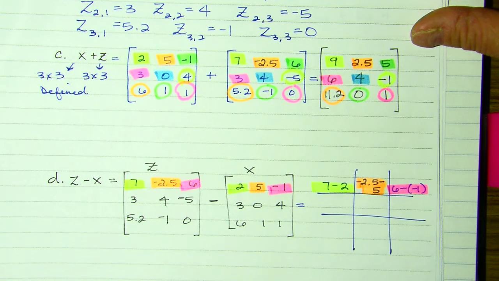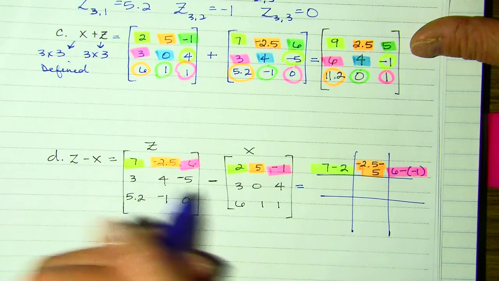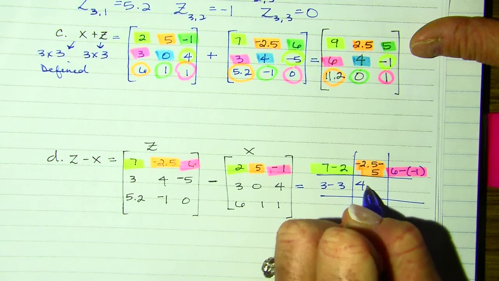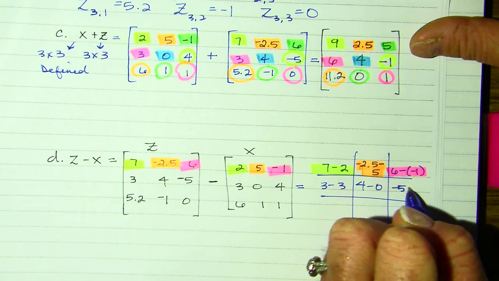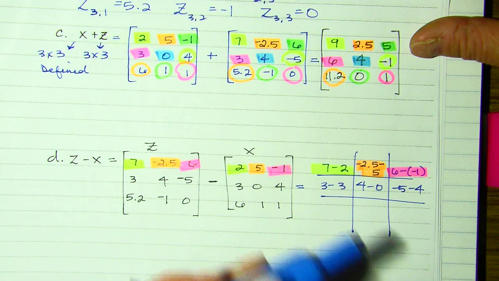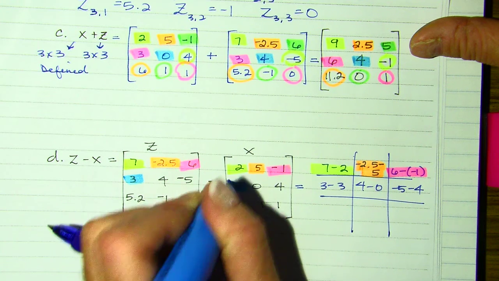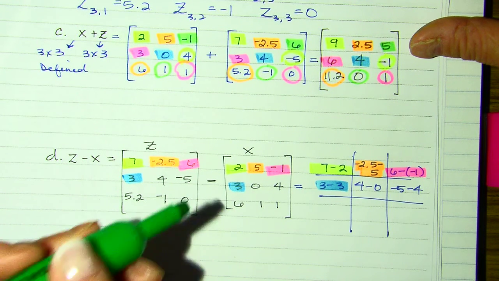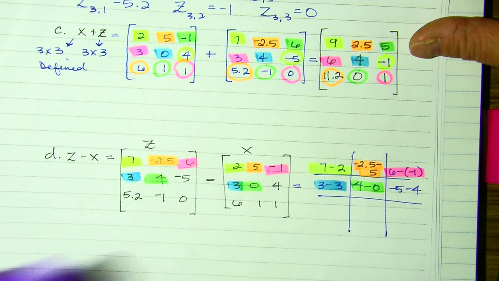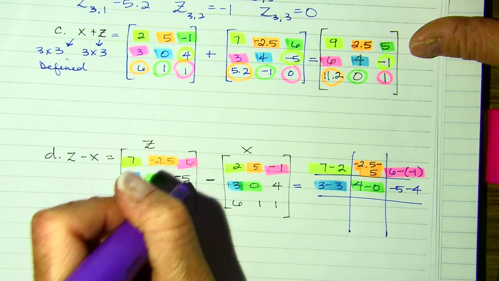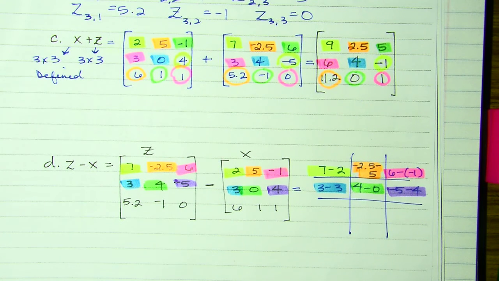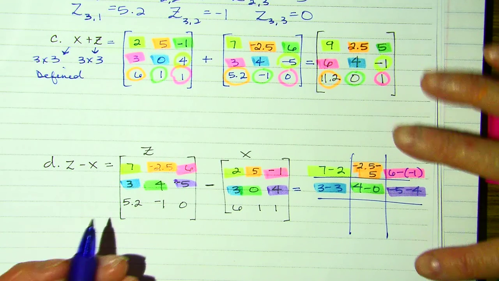So remember, we're always matching spots. 3 minus 3 goes here, that's easy. 4 minus 0, negative 5 minus 4. Again, I just matched 3 minus 3, that went here. 4 minus 0 went here. Negative 5 minus 4 went here. And I just continue to match spots.